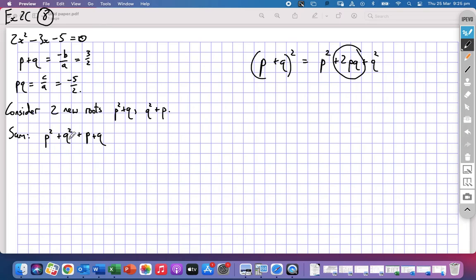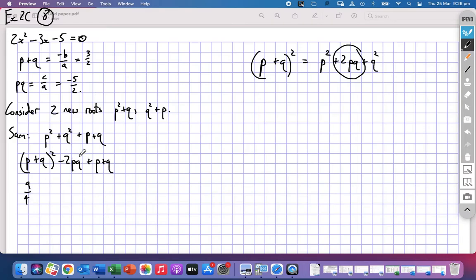So how about we take this and we change it to that one. We can say that p squared plus q squared is pretty similar to p plus q all squared, but we don't want to have this minus 2pq, and we want to keep the p plus q that we had here, right? So I know p plus q is 3 on 2, it's all squared, so that's 9 on 4.